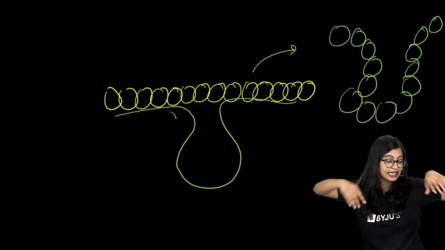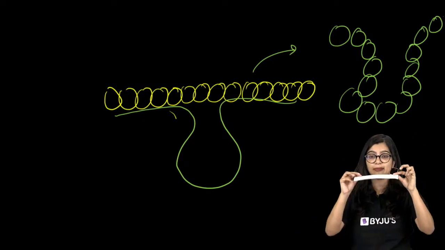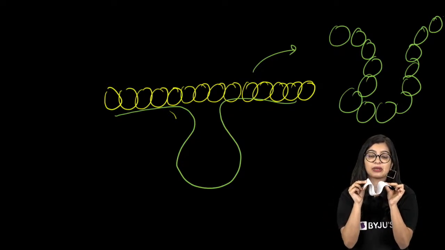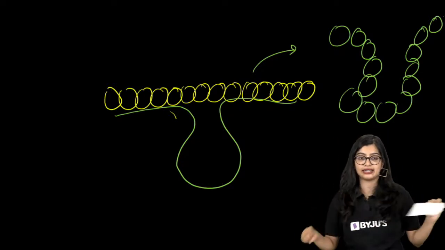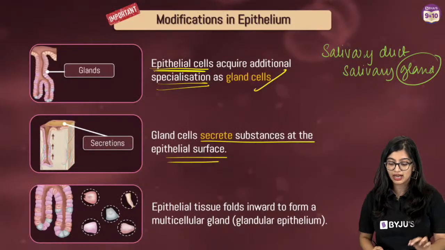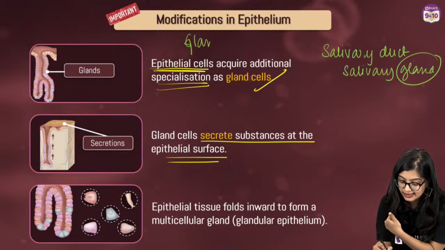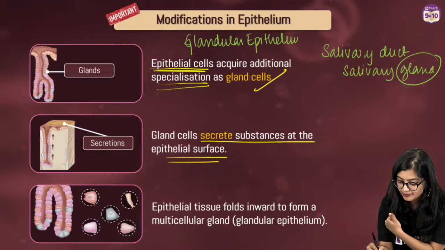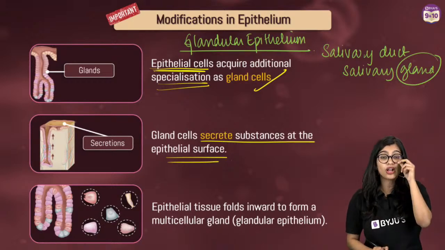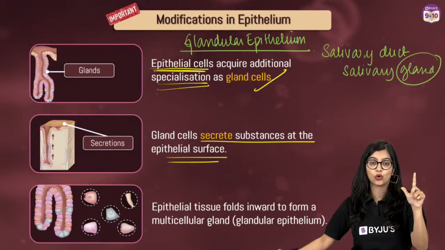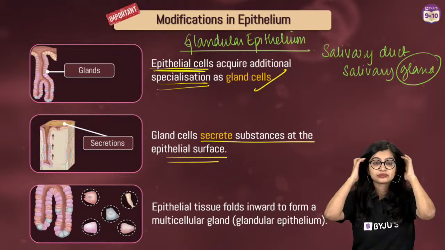Imagine if this is your epithelial tissue and it folds inwards like this. That means it has become glandular epithelium. Now it has got the function of becoming a gland, so we call it glandular epithelium. Are you all clear about this? Yes or no?